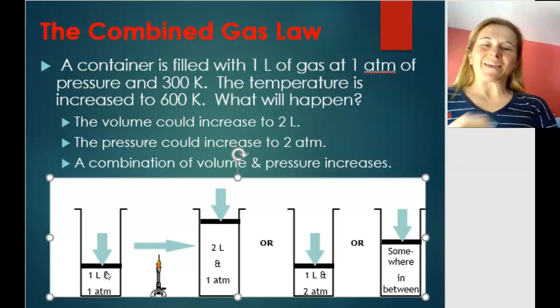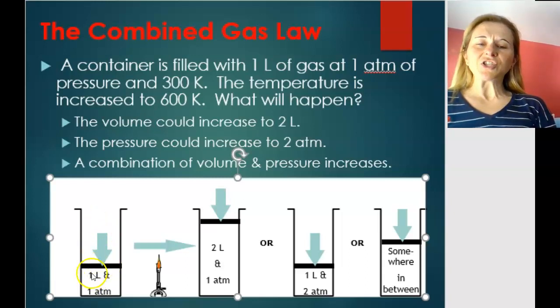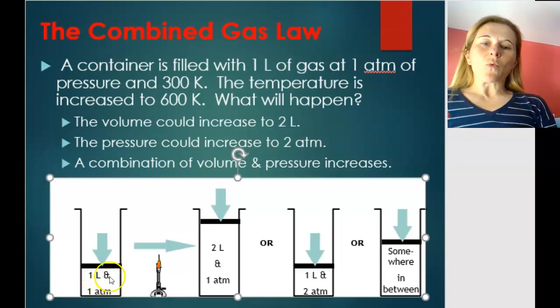Not quite the same thing. So here we see we've got a cylinder with a piston so that this top can move up and down to change that volume. We're starting off with 1 liter of a gas, and it's got 1 atmosphere of pressure in there. So that's our volume and our pressure, and we're at a temperature.